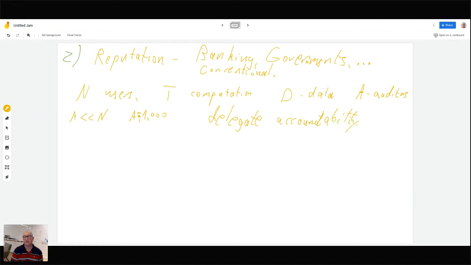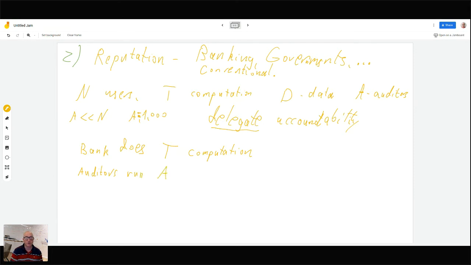Okay, so the way the system now works is that, let's say the bank does T computation, because some central trusted party is running some big computation. The auditors are also running the same computation or something similar to it.